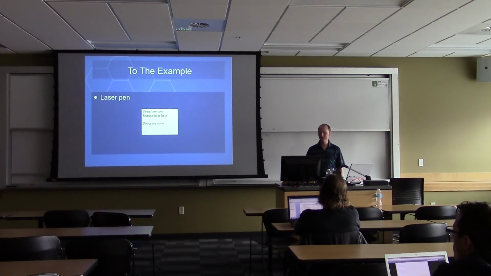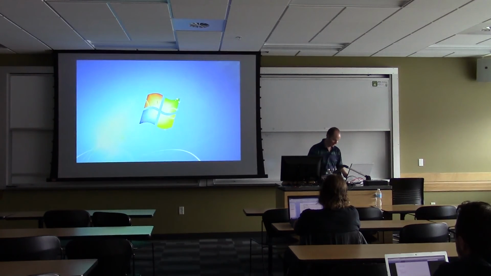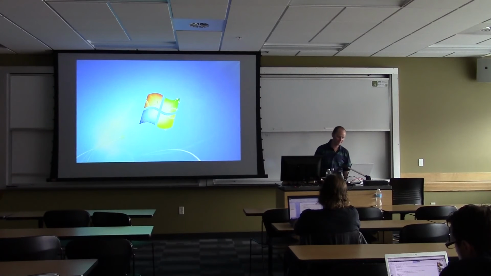To the example, so remember that marquee we saw? The marquees are so awesome. So over here we've got the pen, this is the laser, it's using the laser pen, the shining light. No, on the projector. Oh, sorry. Good point.